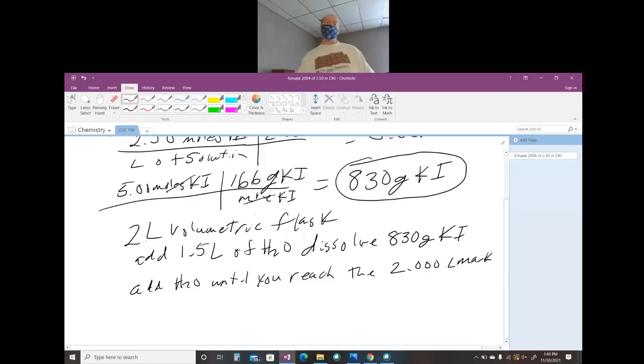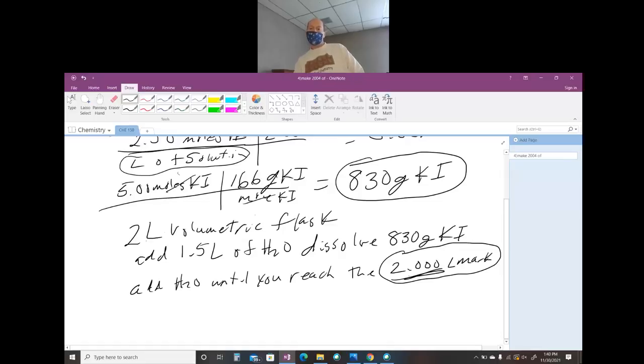A volumetric flask has one mark on the stem, the 2-liter mark for a 2-liter volumetric flask. When you're done, you don't know exactly how much water you put in, but you know your final solution, because it is liters of solution, the water plus the KI, is going to be 2 liters.